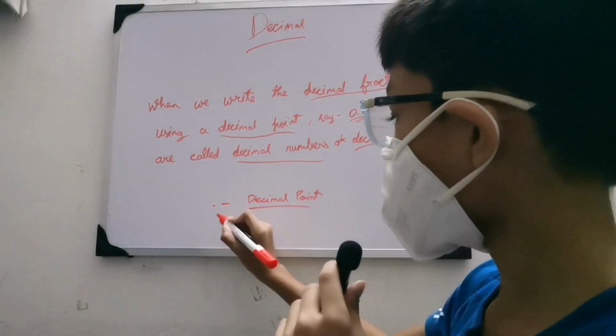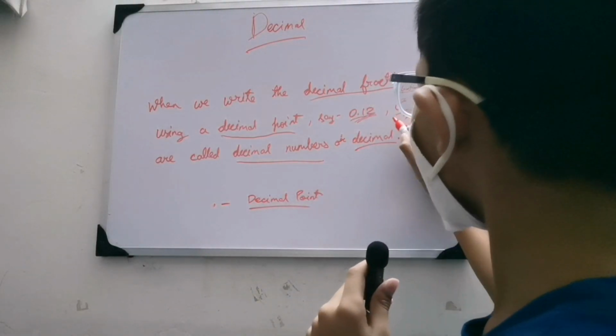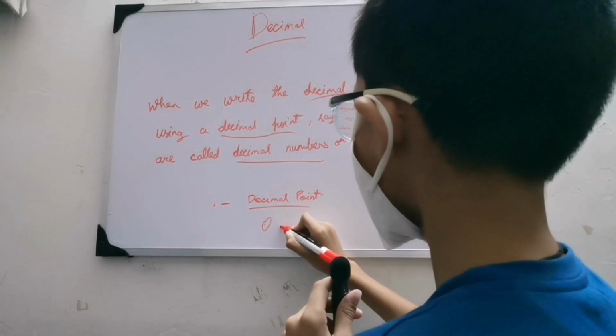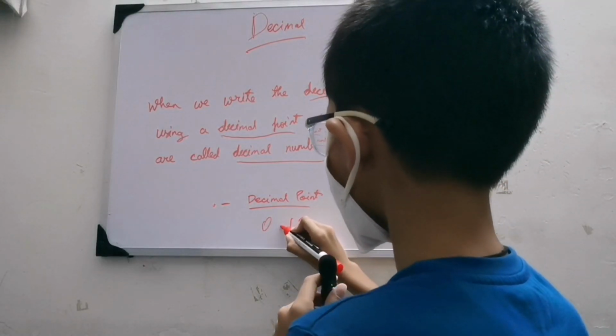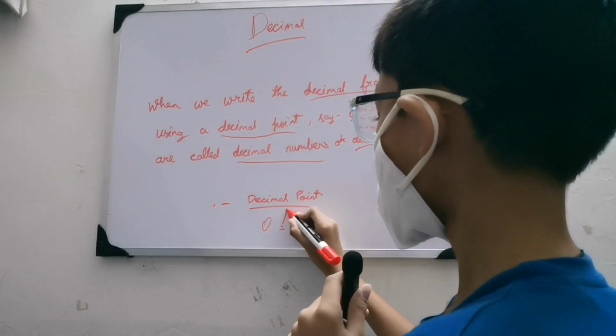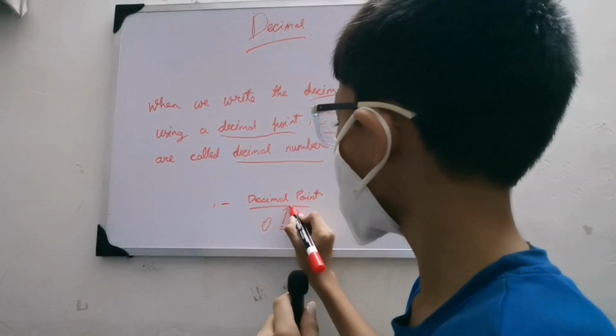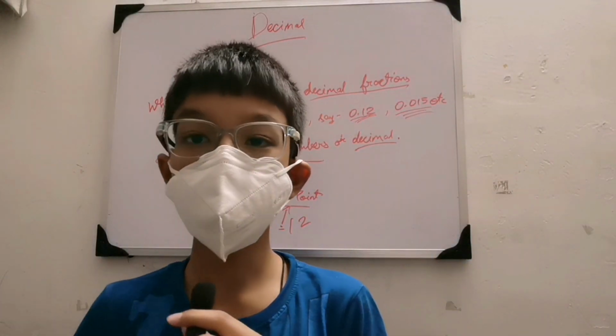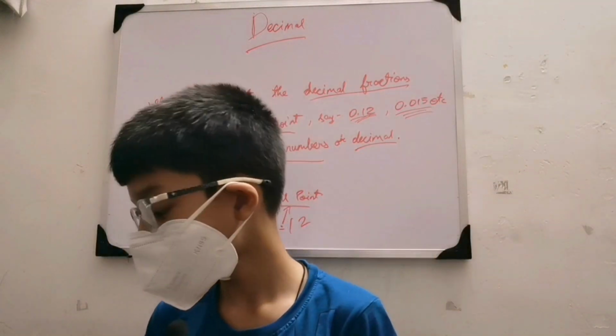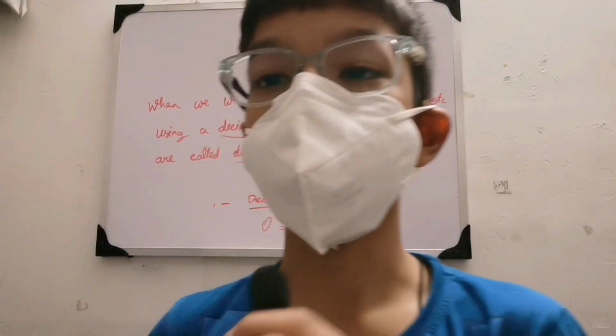Now what is a decimal point? When we write 0.12, this point over here in the middle is called the decimal point. I hope you guys understood. Now let's move on to the next one.